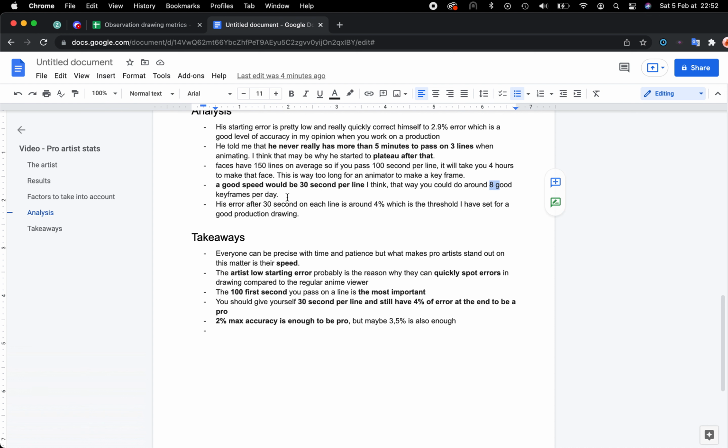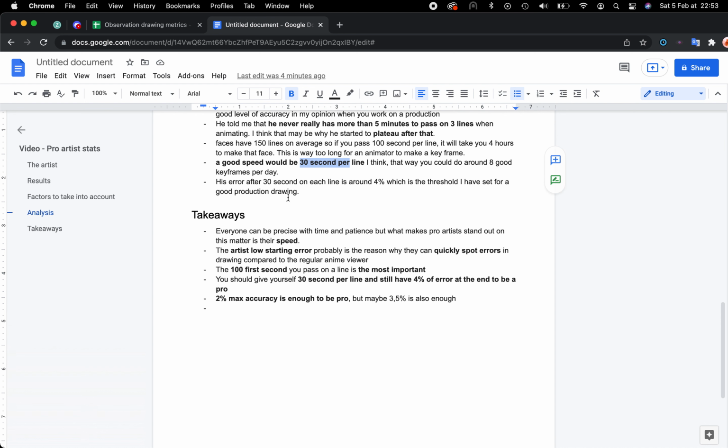You're starting to do some animation, and then you have the in-between keyframes that are faster to do, and you draw rough, and there's some other stuff that you can take into account. It's not exactly a one-to-one thing, but I think 30 seconds for just observation should be a good goal.